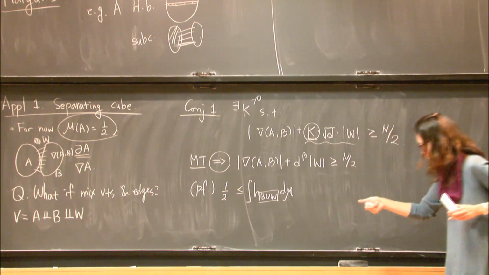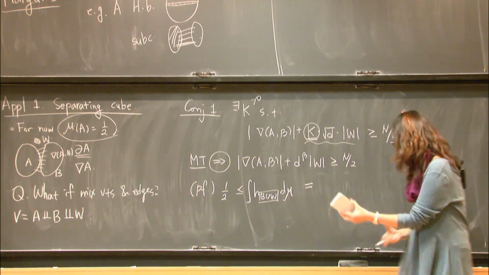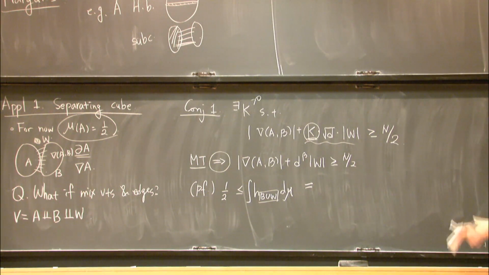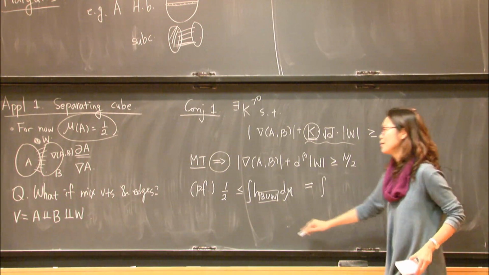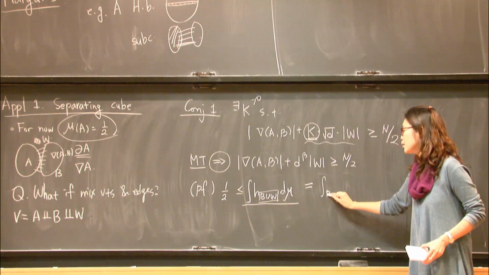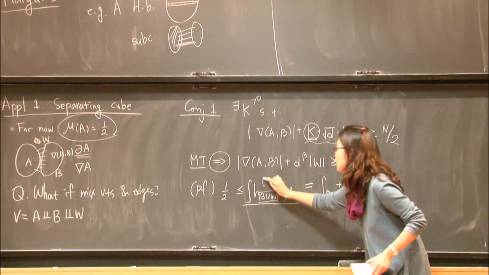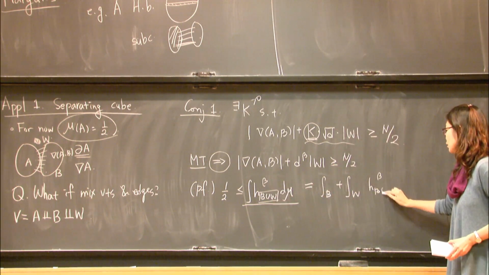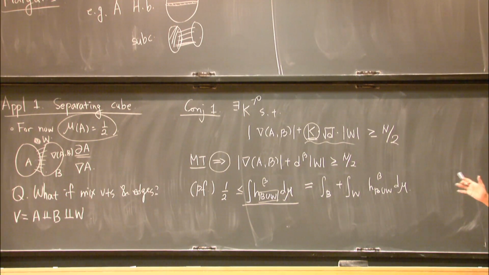Okay, and this is equal to, so we can separate this into two parts, B and W. So we consider the edges separately.